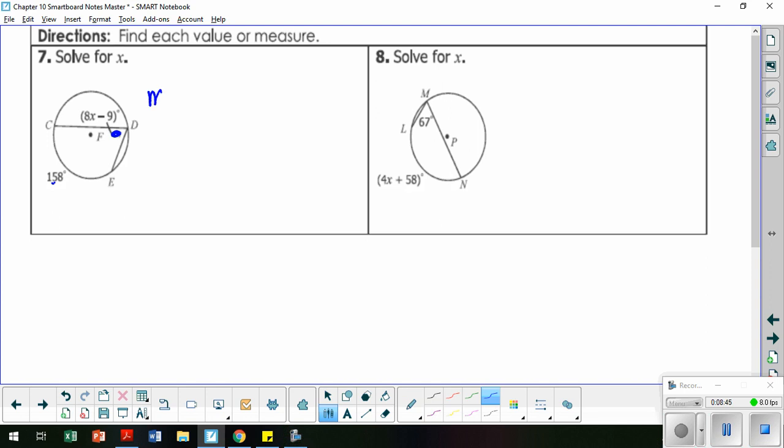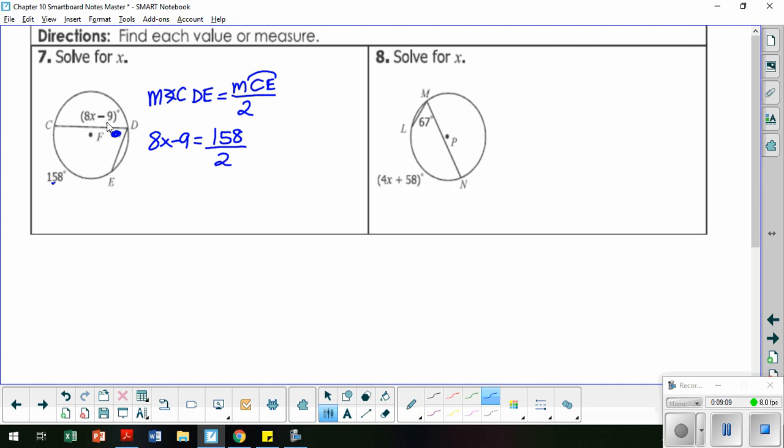So the measure of angle CDE is going to equal the measure of arc CE over 2. So the measure of the angle is 8x minus 9. The measure of the arc is 158 divided by 2.